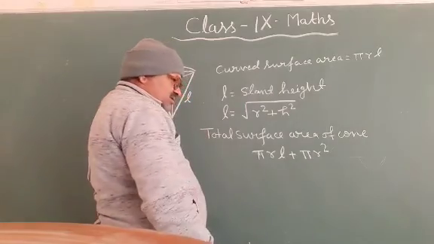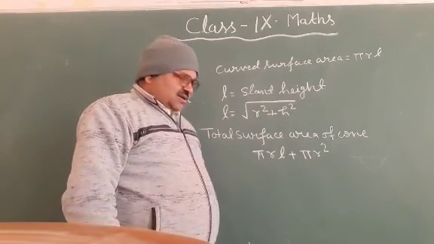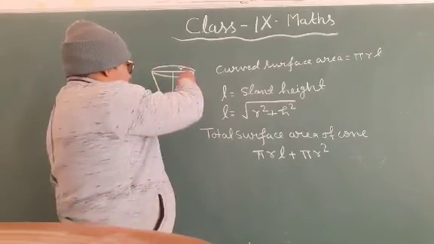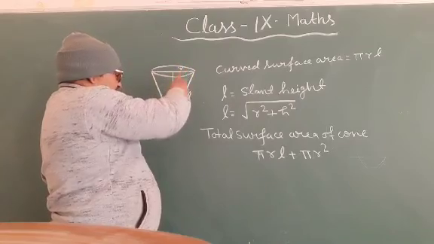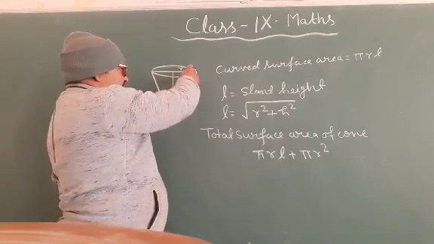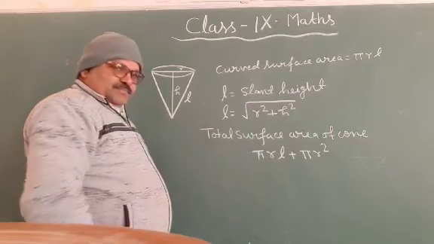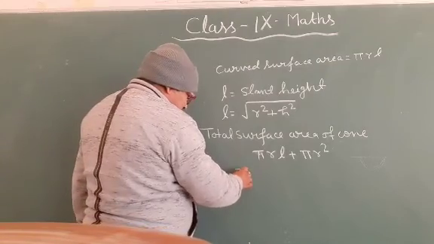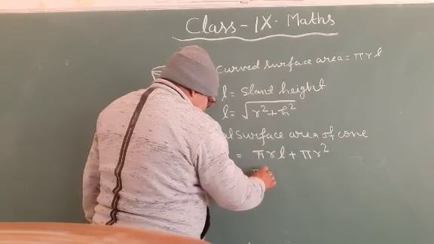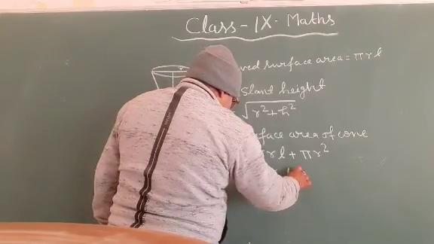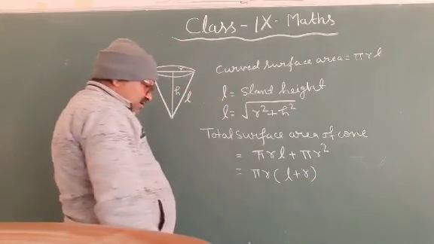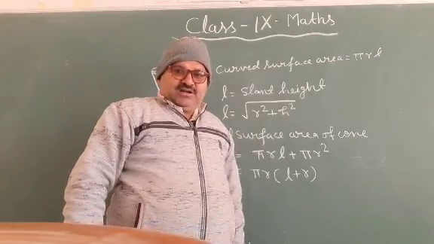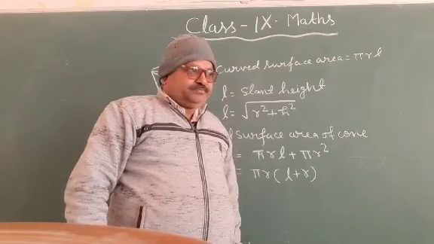Pi r l is the curved surface area, and pi r square is the area of the base. So the total surface area is pi r as a common, l plus r. Pi r (l plus r) is the total surface area of the cone.